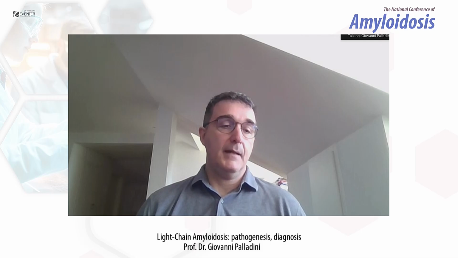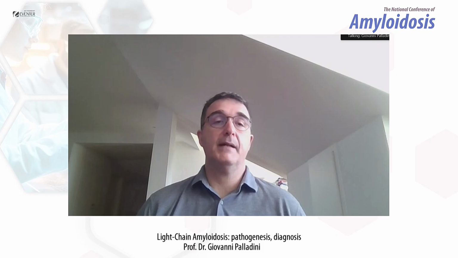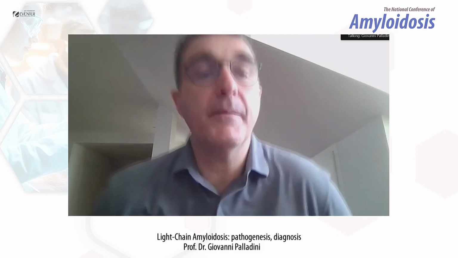So what we are doing is to see whether the fibrils are made of light chains or TTR. Sometimes you have both, not in the same fibrils, but you can see this double staining at immunoelectron. And then we also use mass spec, and sometimes we are able to find the mutation in the TTR, but that's more difficult and not really necessary.